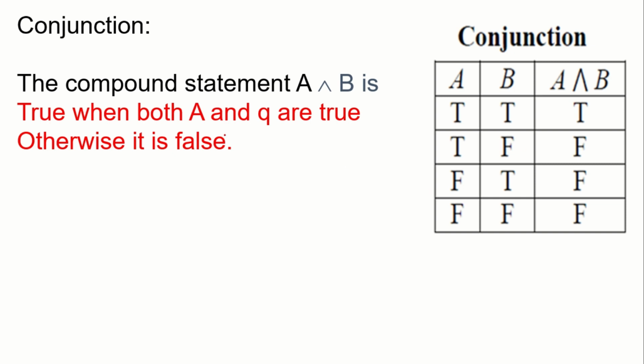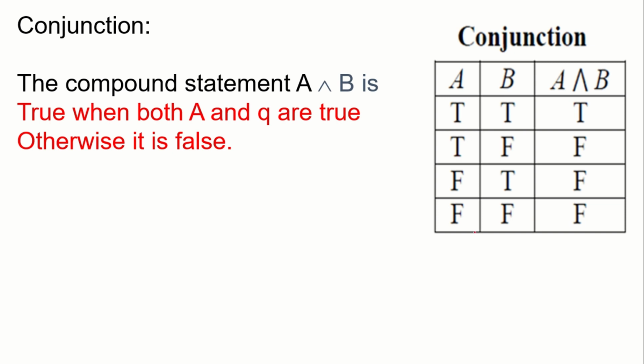Now when we talk about the connective and in English, it is a strict statement. If you say, please bring me a paper and pen, you must bring both of them, not only paper, not only pen. So this connective is only true if both statements are true.